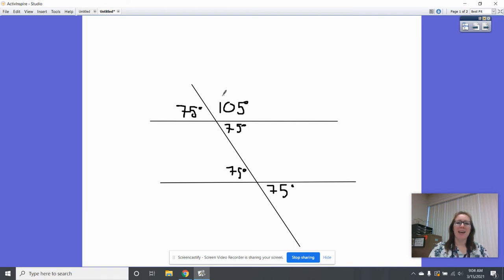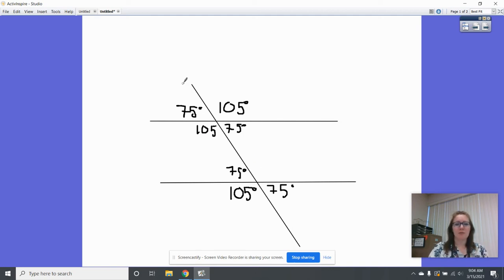So here we have an exterior angle. If I go to the other parallel line on the outside, but the opposite side of the transversal, this is also going to be 105 degrees because it's an alternate exterior angle. Well, let's look at these. We're only missing two angles. These are vertical, so we know it's 105 degrees because vertical angles are congruent. And we can solve this last one many different ways.